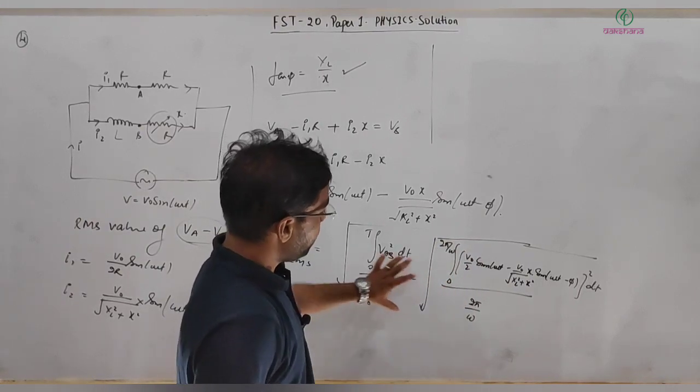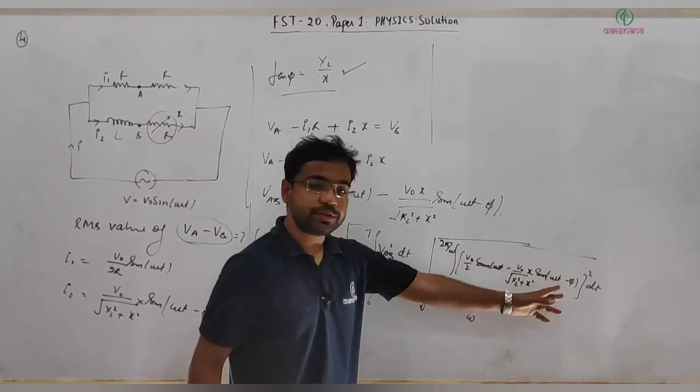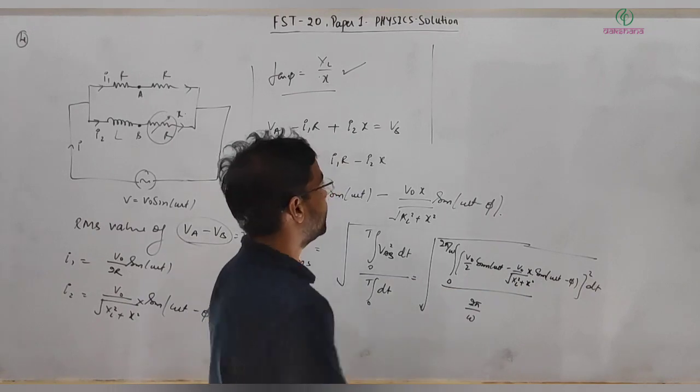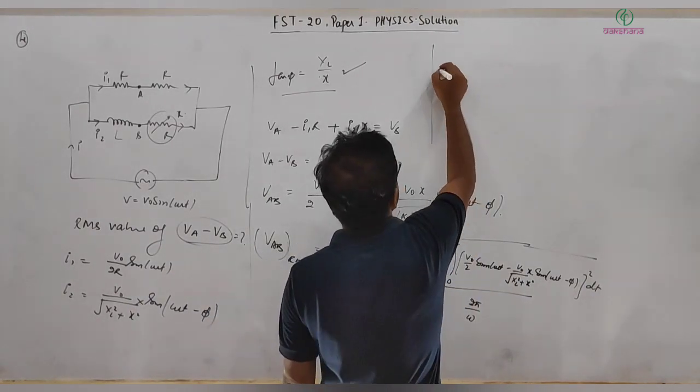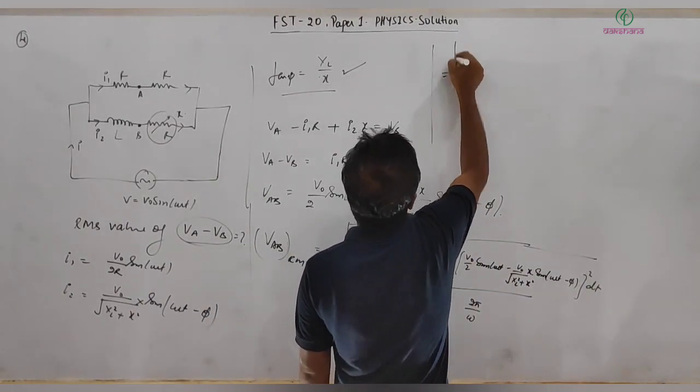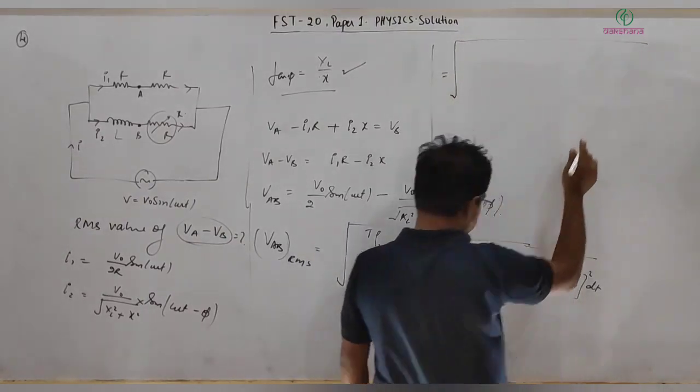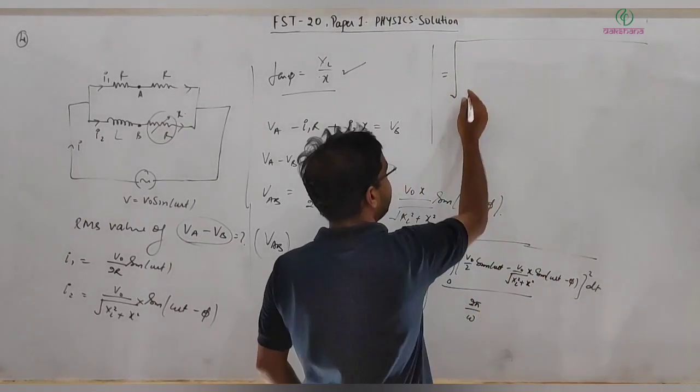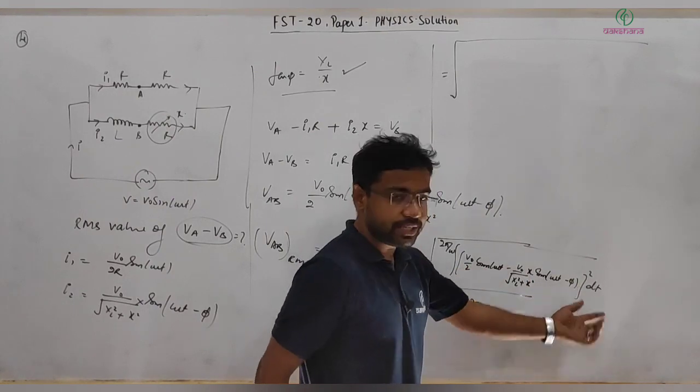Now I will be expanding it by a minus b whole square, then this is equal to under root. I'm solving it further also.